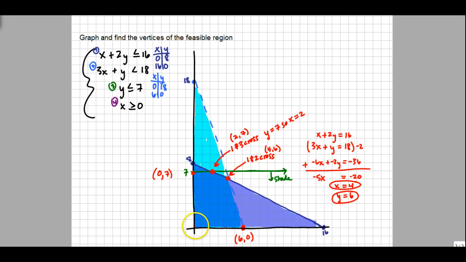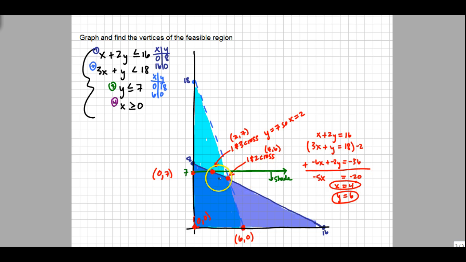The feasible region goes from (0, 0) up to (0, 7). Over here, which we'll talk about why it's (2, 7) here in just a second. On your graph, it might actually show up as (2, 7). There's a point here, and that's where the first 2 equations cross, the dotted and the solid.